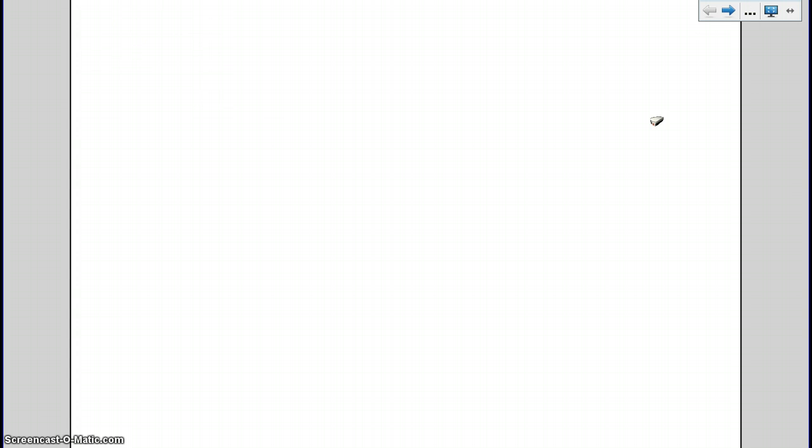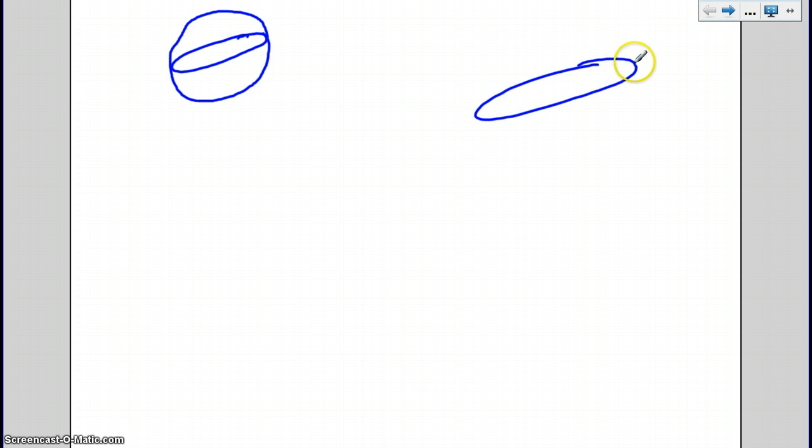The reason why this chart makes sense to me, at least, is because if I was given, let's say, a sphere that looks like this, and then a bigger sphere that looks like this.